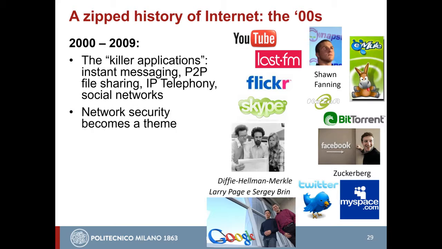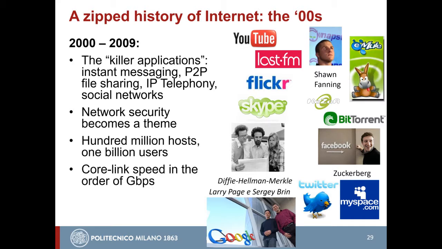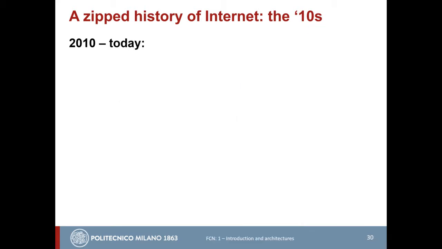Also, techniques to make the network more secure, because now everybody can have an access that is potentially connecting everybody with relevant information, also sensitive information of other people. And we have a very big expansion in terms of users, hosts, the speed of communication systems that are going to the order of gigabit per second.